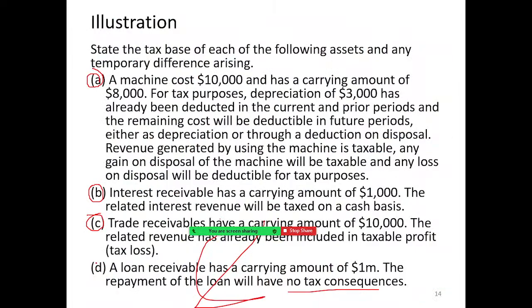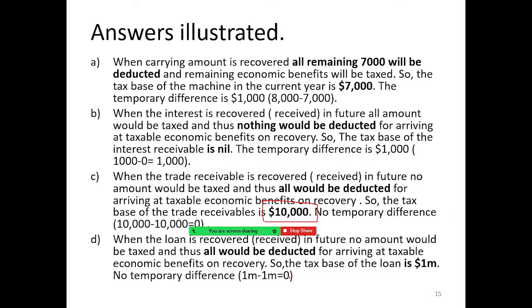So a loan receivable has a carrying amount of 1 million, and repayment will have no tax consequence. Then the tax base? Same, 1 million. Then how much temporary difference? No differences, because carrying value is equal to tax base. Yeah, exactly.